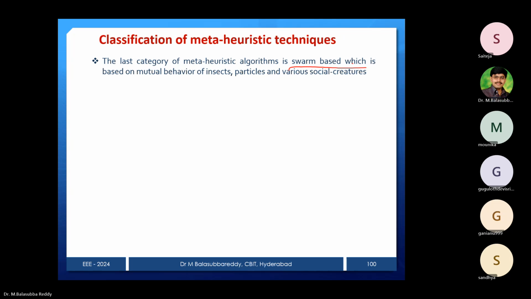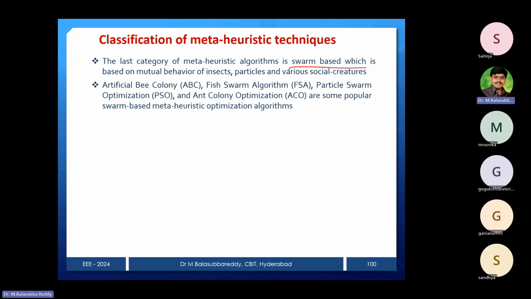Like you can see ants, which exchange their information based on their behavior and solve the problem. So based on the mutual behavior of insects, particles and various social creatures, artificial bee colony is one of the algorithms.